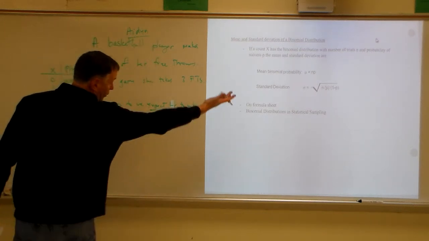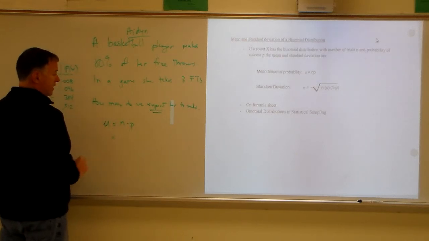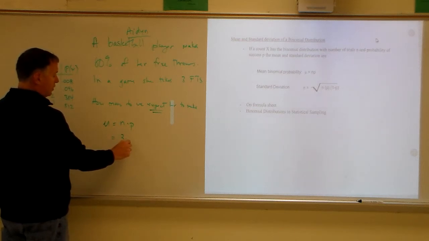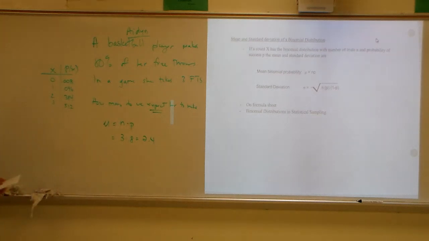Okay, well, what do we do? We do the formula. μ equals n times p. The number of free throws she takes is 3. The probability that she makes one is 0.8. And so when I do that, we expect her to make 2.4 free throws. Okay?